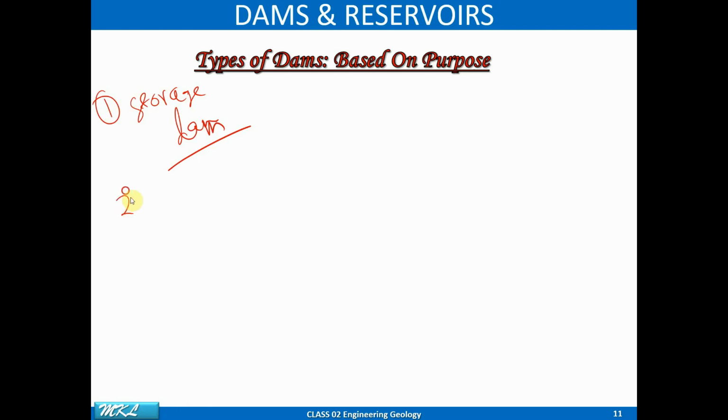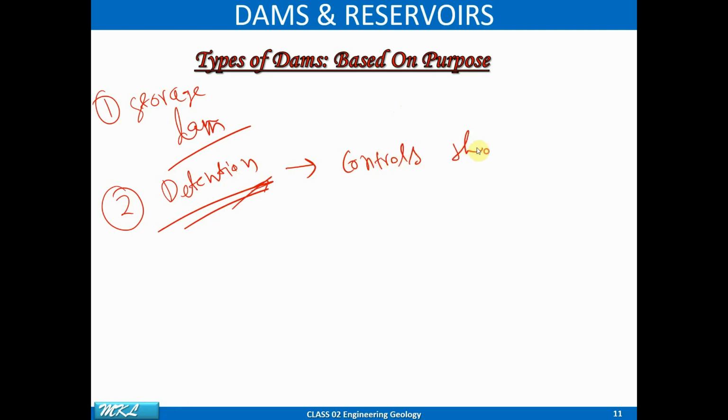Another type of dam is called the detention dam. So what do I mean by detention dam? It's basically constructed to control the flood. So you can call the detention dam a storage dam also. It basically controls the flow of water.